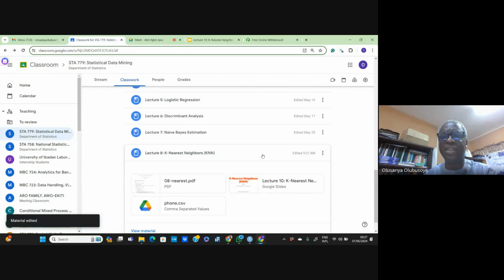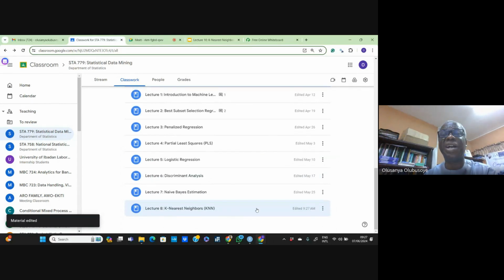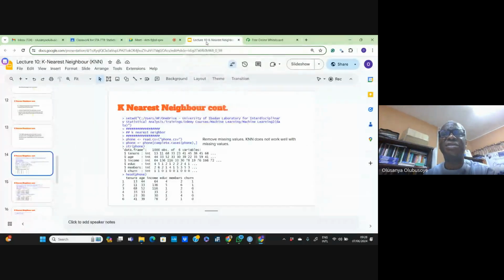So the data is now added to the material here. If you follow this, you will be able to read the data and possibly remove missing values, if any. And then you can see the first 6 rows, which has tenure. The data is about information about telephone owners, how long they have been with the network.